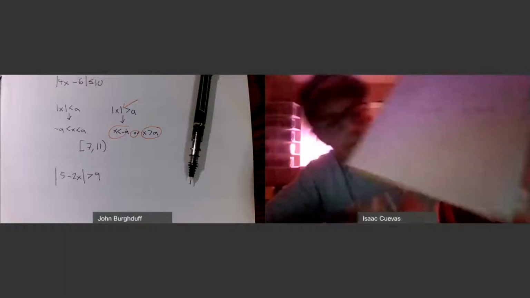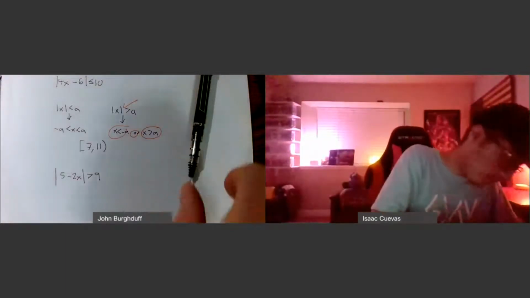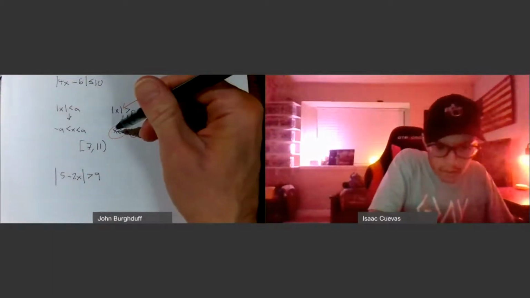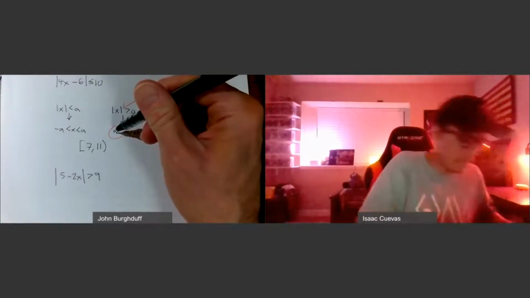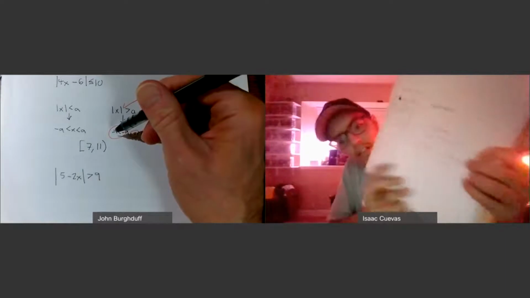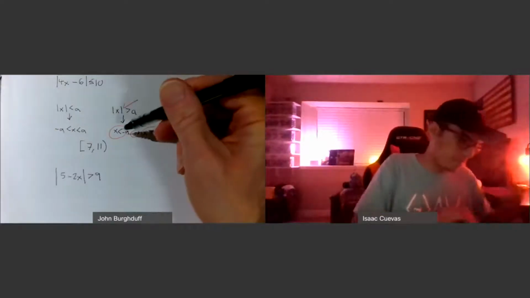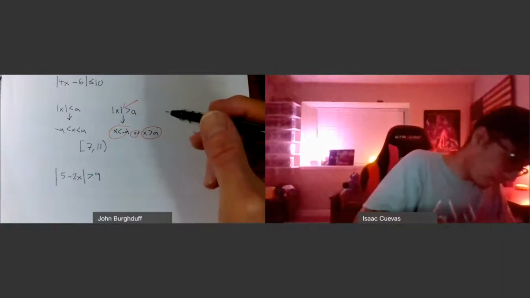Something like that, right? The one on the left should be 5 minus 2x less than negative 9. The variable will always be on the left side of this. So the way I did it over here is correct then, right? Yeah, what you had on the right was right. The one on the left, the variable expression should be on the left, so you just turn that around.